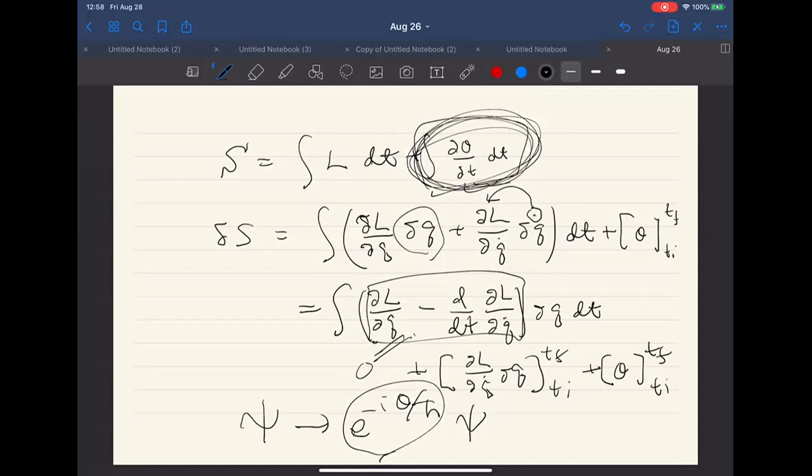So when you have thrown away the total time derivatives from your Lagrangian, which we did in the case of a harmonic oscillator, and that has changed the phase convention of the wave functions, you then start anew with the Lagrangian where you have already removed the total time derivative, and build your wave functions from that.